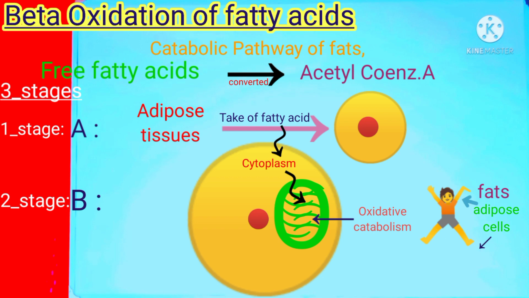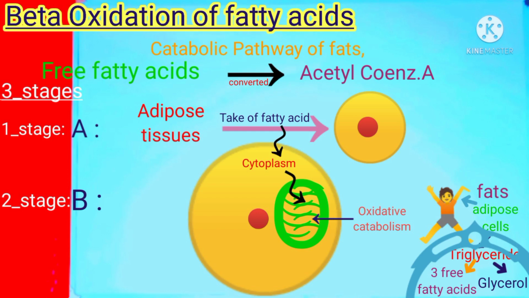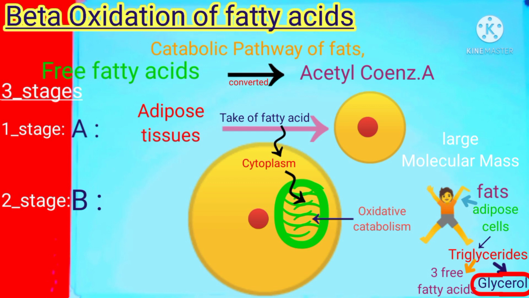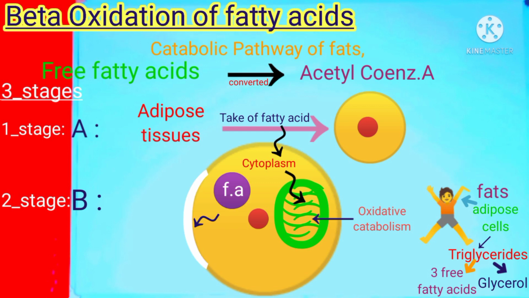Adipose cells consist of triglycerides that possess glycerol in combination with three free fatty acids. The aggregation of glycerol with three fatty acids is important because glycerol has a large molecular mass that checks the escape of free fatty acids from these adipose cells.